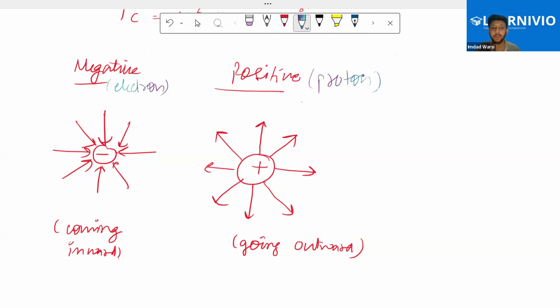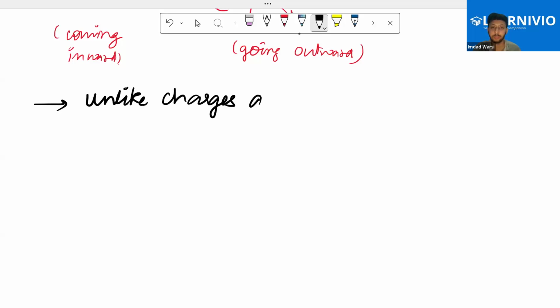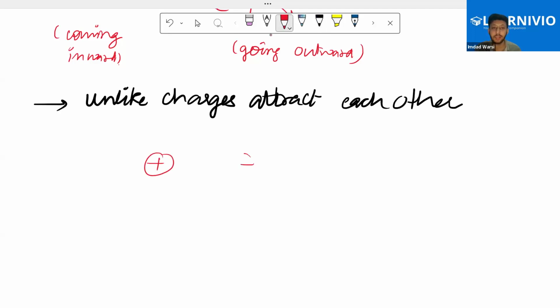Now you must have heard a statement that unlike charges attract each other. You must have heard, right? So let's see how it happens. First, let's write that unlike charges attract each other. Let's take two unlike charges, a positive and a negative.